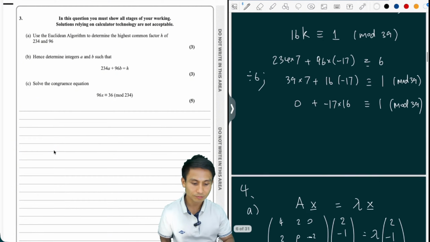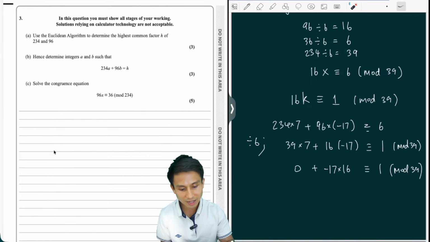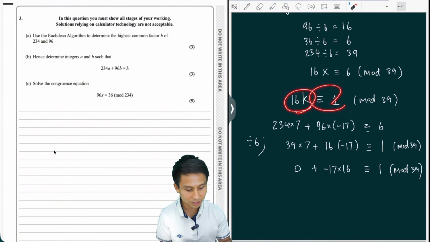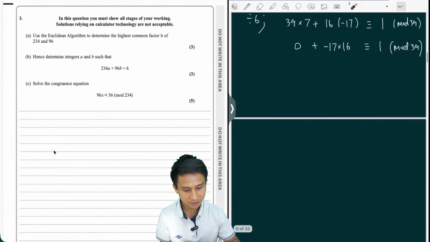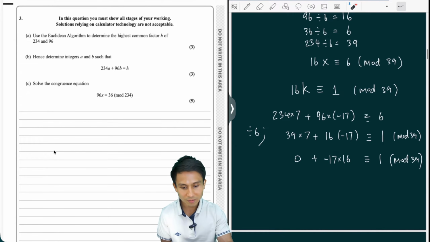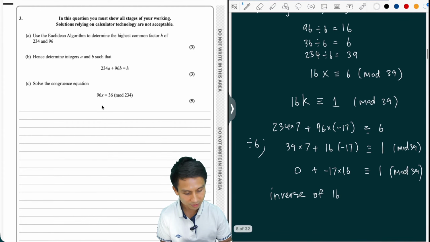Now, we already get it. Do you see that 16k is equivalent to 1 here? This is also 16k equivalent to 1. I'm going to add a page here. So that means the inverse of 16 under modulo operation is going to be minus 17.